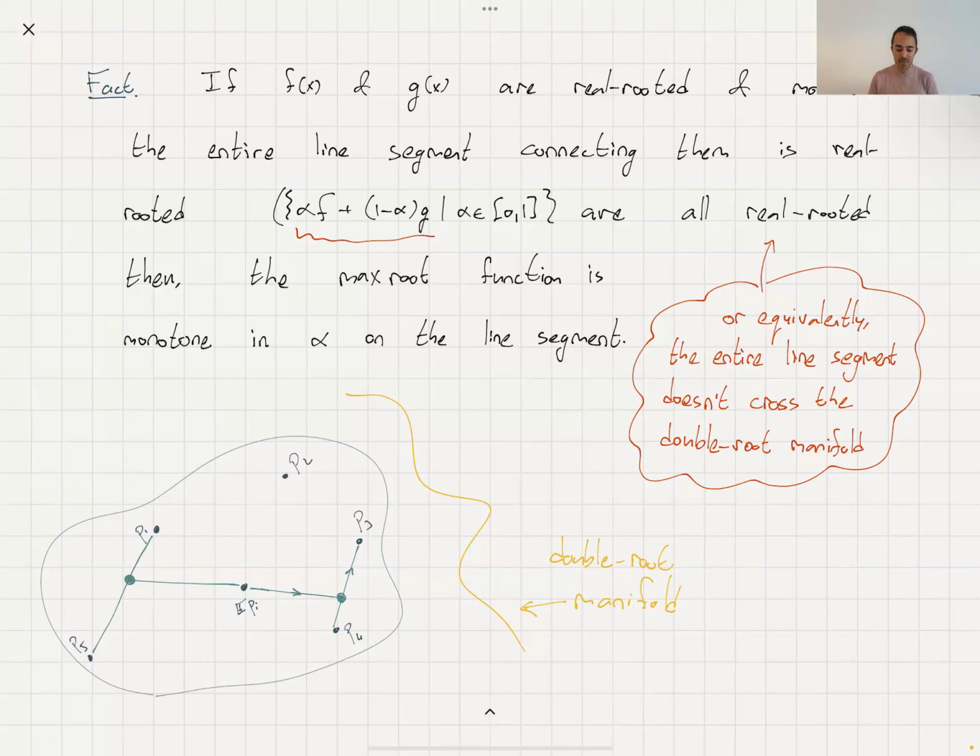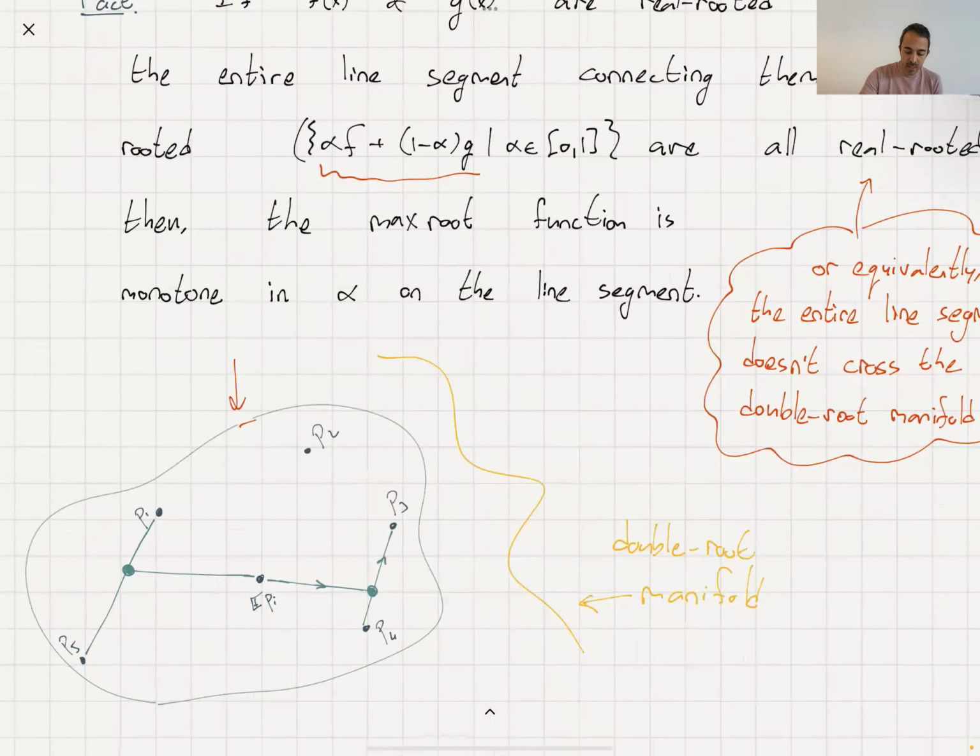So for example, if we were in a situation where all of our polynomials, P1 up to P5 in this case, are in a single component of the double root manifold, namely all convex combinations of them don't cross the double root manifold, then we are done.